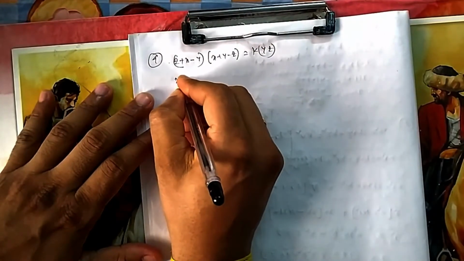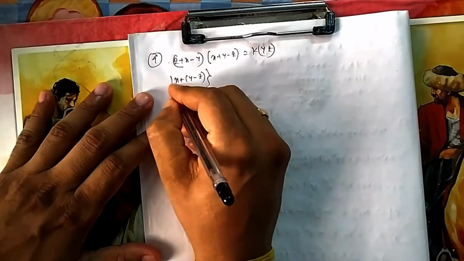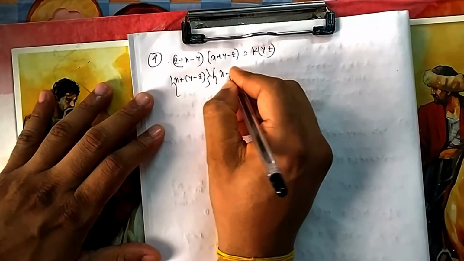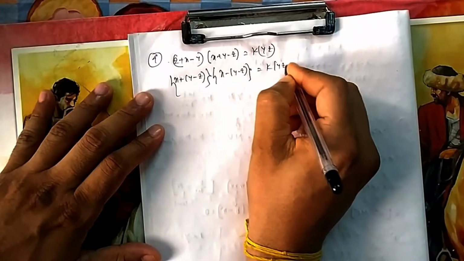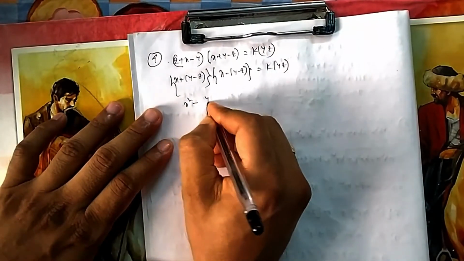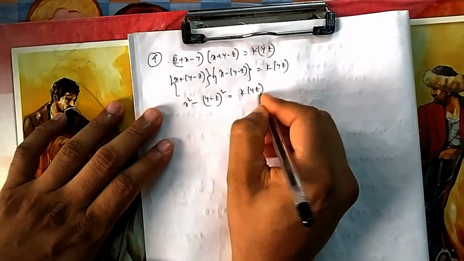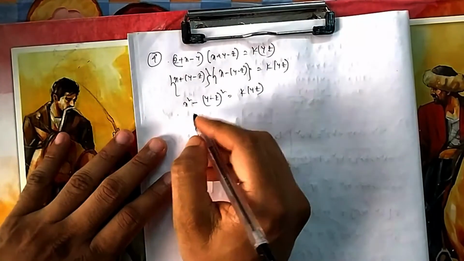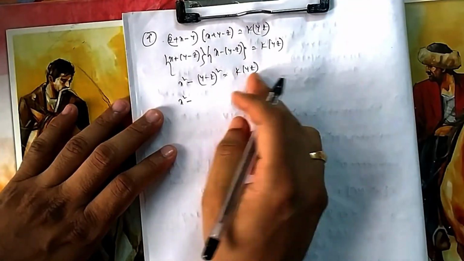So you can write now x plus y minus z, and this one you can write x minus y minus z. Why am I doing so? To factorize it, a plus b into a minus b, that is a square minus b square. This one you can change to a plus b whole square, because yz is not a matter, yz can go that side, it will be constant.